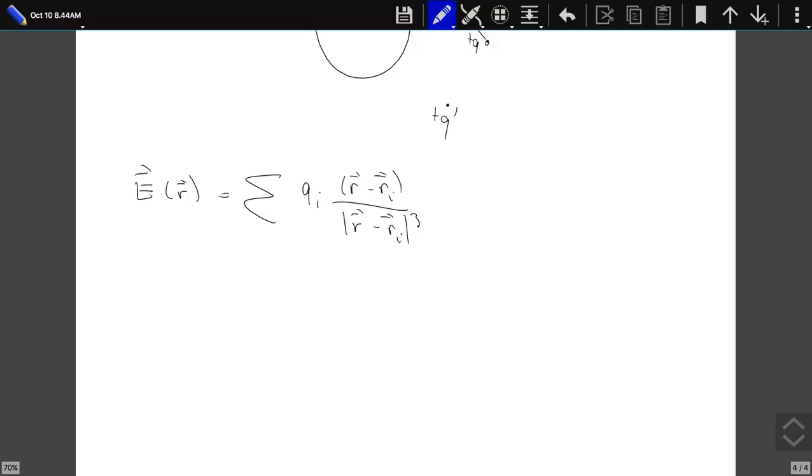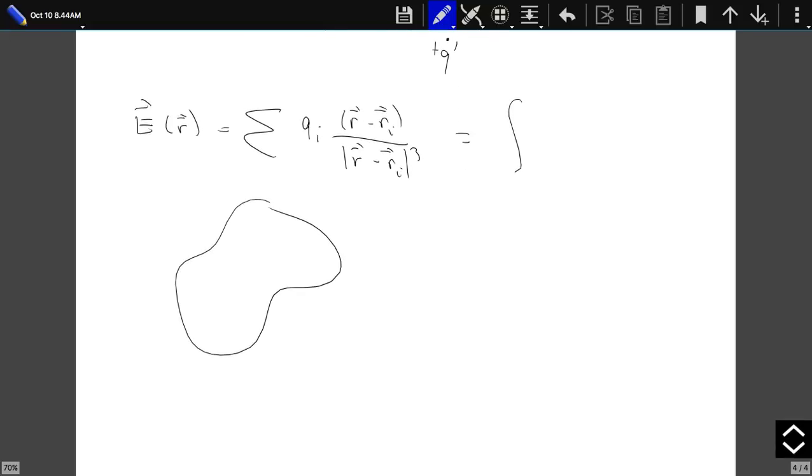Well, if you don't have these point charges, but rather almost a continuous charge distribution, we can convert this to an integral. The way we convert it: suppose you have a charge distribution, you divide this into very small cubes, each one having a charge Qi.